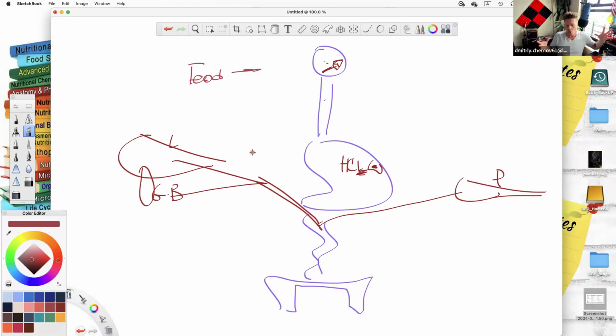The goal of digestion is to break down big globules, macro, into the smallest pieces possible, so it's easier for enzymes to do their job, to break down bonds. These bonds would be broken down by enzymes and water.